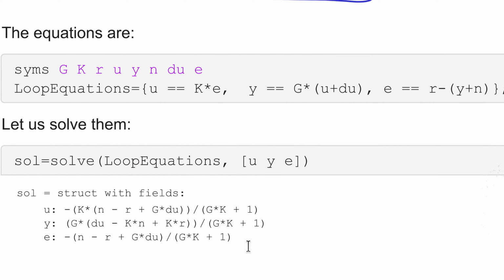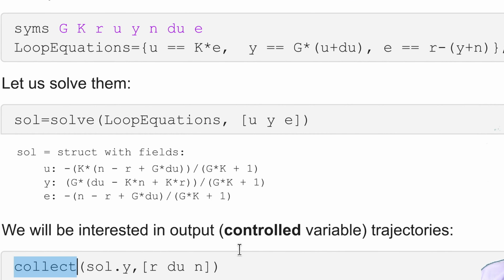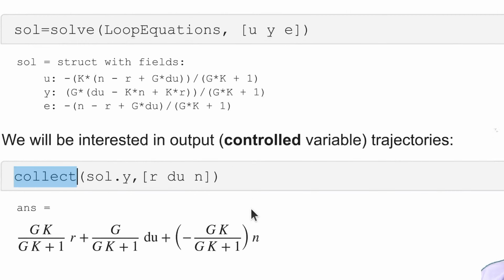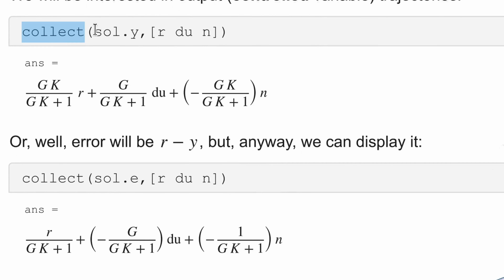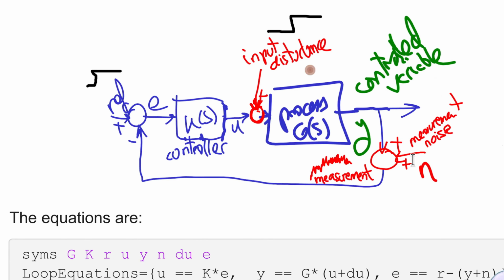But in order to write them in pretty form, closer to what you would see in the books, we will use the collect symbolic toolbox command. I will tell it, for instance, that the output controlled variable must collect the things that multiply the inputs r, du, and n, because this closed loop has indeed three inputs, set point, disturbance du, and measurement noise, and the three outputs I solve for, e, u, y.